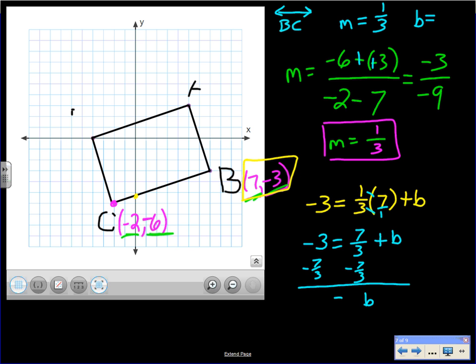So b is going to be equal to -3 minus 7/3. Well, in order to do this, we have to have common denominators. So -3 over 1, and our other number is -7 over 3.